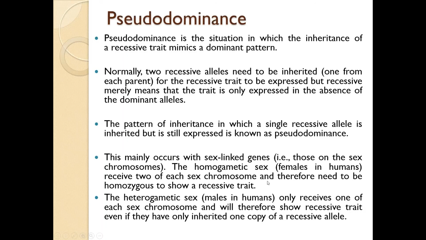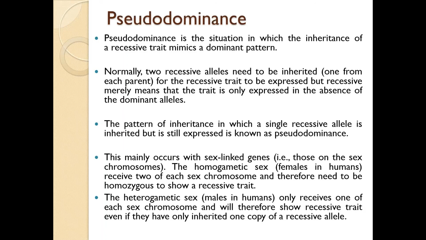That is the beauty. In the case of females, they have two X chromosomes, so to get an X-linked disease, the X-linked recessive disease needs to be present on both X chromosomes.